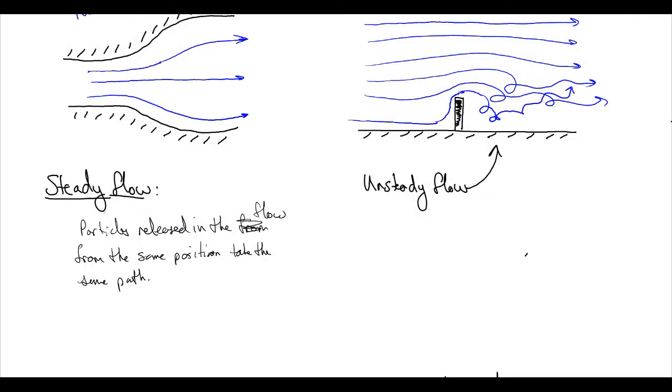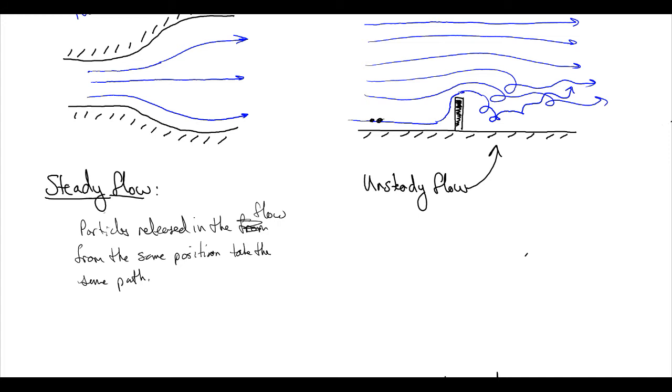So you can imagine if we release a tiny particle here, and then we wait some time, and then we release another tiny particle, same spot. These particles will always follow a streamline, but the streamlines are changing with time, so their paths are going to change with time.